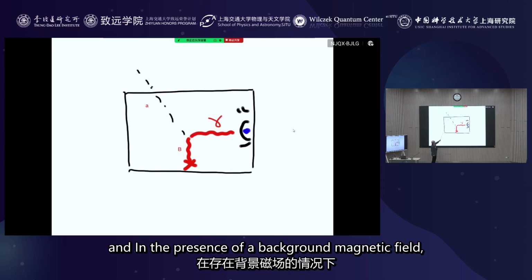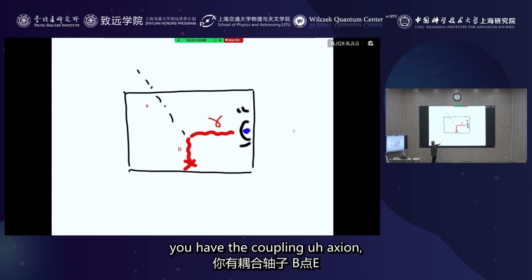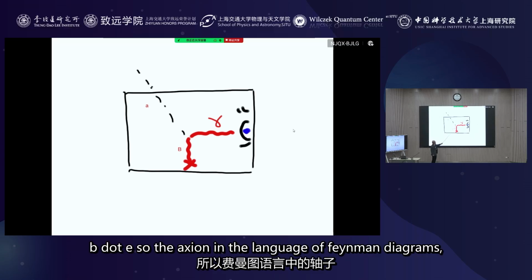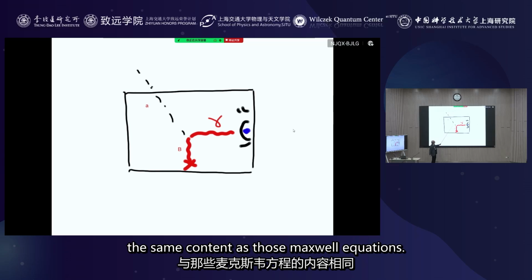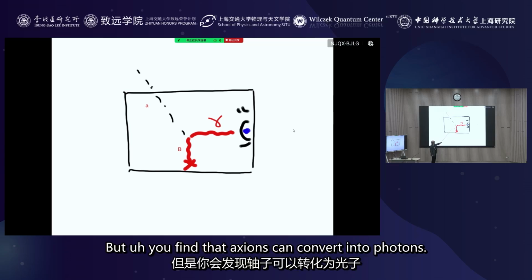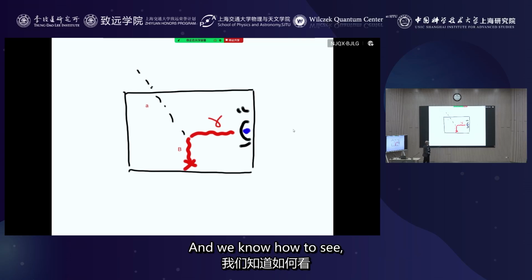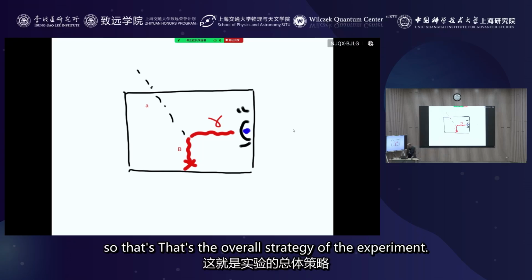And in the presence of a background magnetic field, you have the coupling axion B dot E. So the axion, translating that into Feynman diagrams, it's the same content as those Maxwell equations. But you find that axions can convert into photons, and we know how to detect photons. So that's the overall strategy of the experiment.